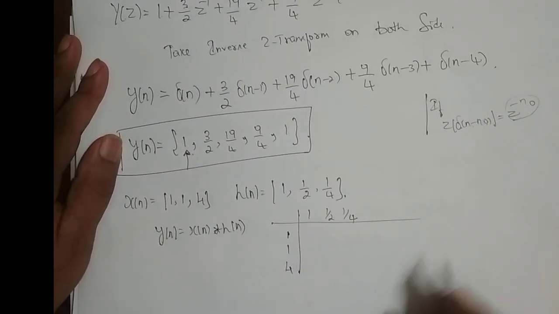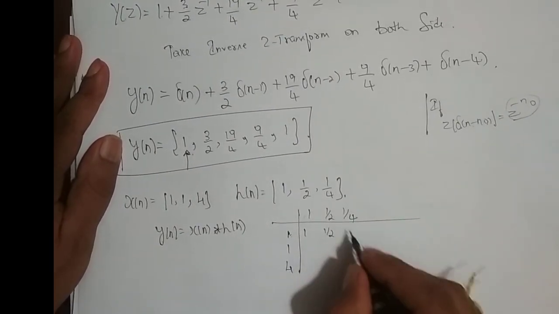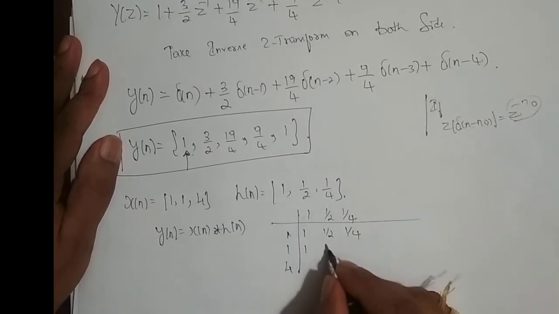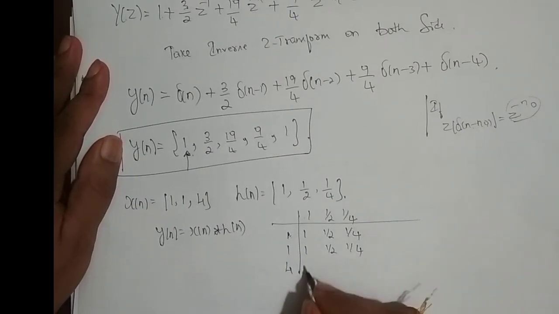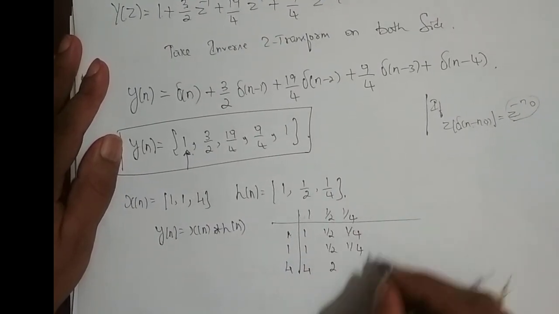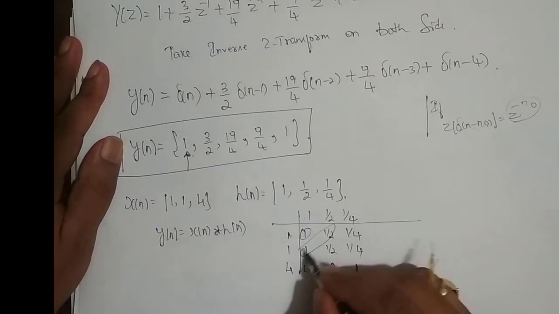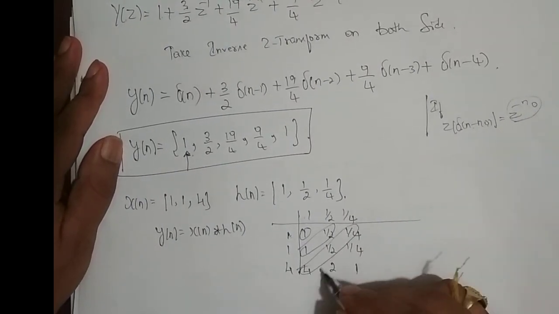Now what do I need to do? I need to multiply this. 1 into 1 is 1, 1 into 1 by 2 is 1 by 2, 1 into 1 by 4 is 1 by 4. Similarly 1, 1 by 2, 1 by 4, and 4, 4 by 2 is 2, and 1. Now I need to add these sequences.